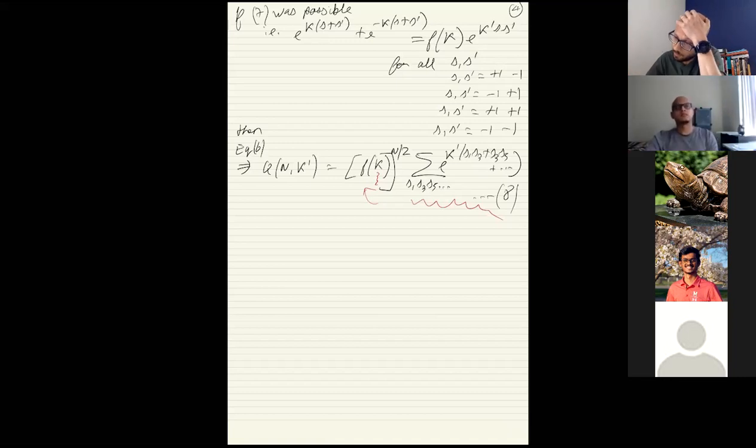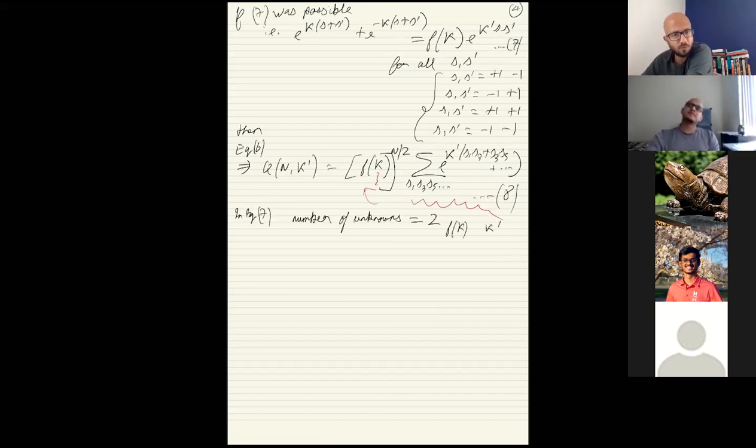In order to do that, we have to write down equation 7 for all four possible pairs. So this is equation number 7. How many unknowns do we have in equation 7? 2 unknowns, right? The number of unknowns is equal to 2: f of k and k prime, because k is known.